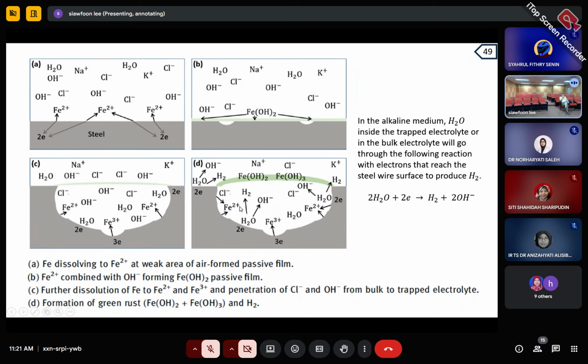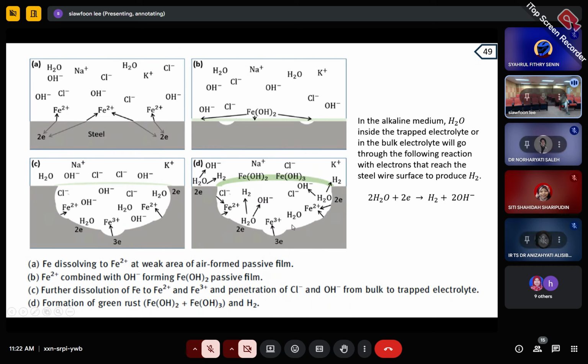But later, the iron atom will get dissolved and form electrons, and these electrons will react with a small amount of water and turn into hydrogen gas, together with hydroxyl. And this reacts with the chloride ion to make the inside a little bit more acidic.